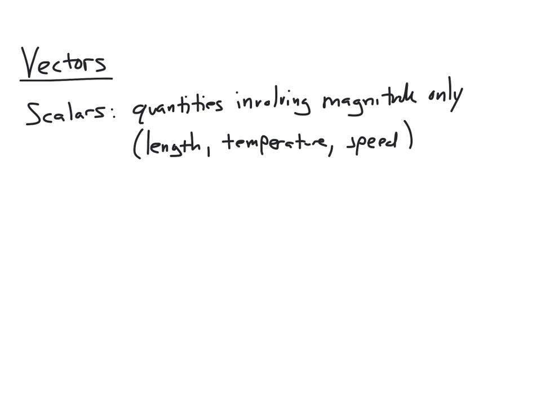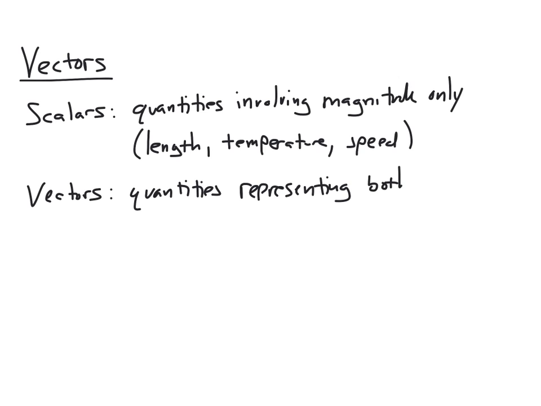On the other hand, we have some quantities that need more than that. And these are what we're going to refer to as vectors. So a vector, for our purposes, will be a quantity that represents both a magnitude and a direction.